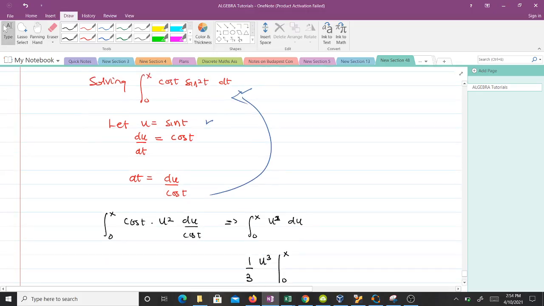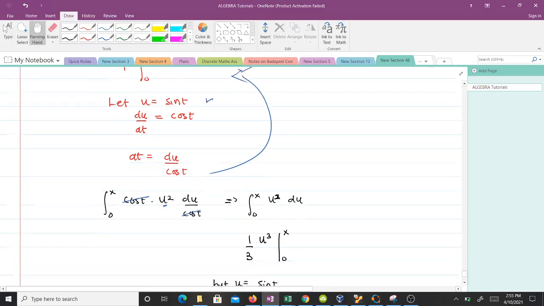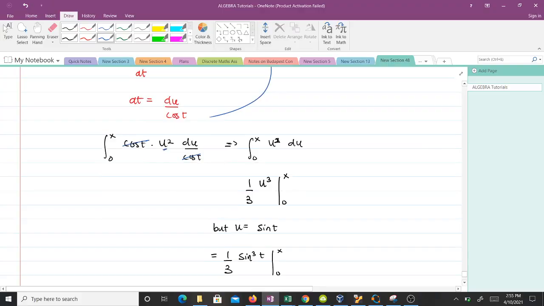And when we do that, we get integral from 0 to x cos t times u is what? Sine t. So that means sine squared t will be u squared. Then now dt is given by what? Du over cos t. So cos t will cancel cos t. And you will get integral from 0 to x u squared du. And when we integrate that, we get 1 over 3 u cubed. Then limits of integration from 0 to x.